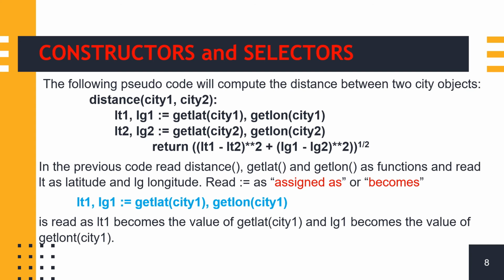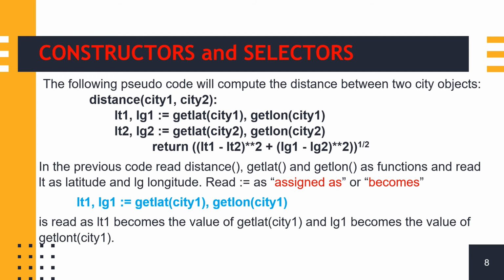In the previous code, distance, get_lat and get_lon are read as functions, and latitude and longitude are assigned, or become. So lt1, lg1 := get_lat(city1), get_lon(city1) is read as: latitude 1 becomes the value of get latitude of city 1, and longitude 1 becomes the value of get longitude of city 1.